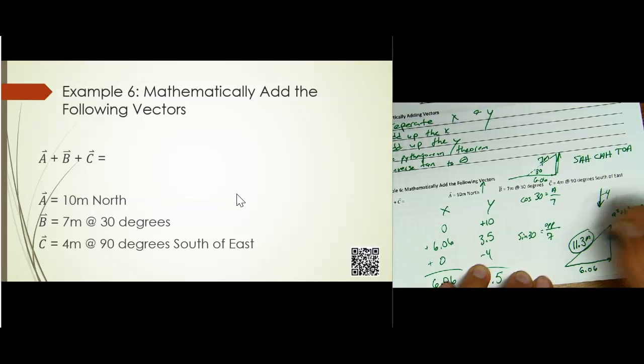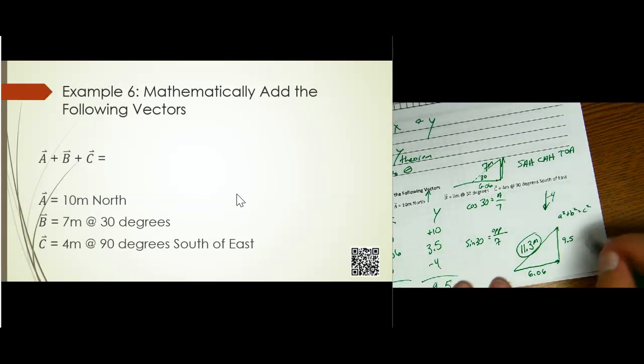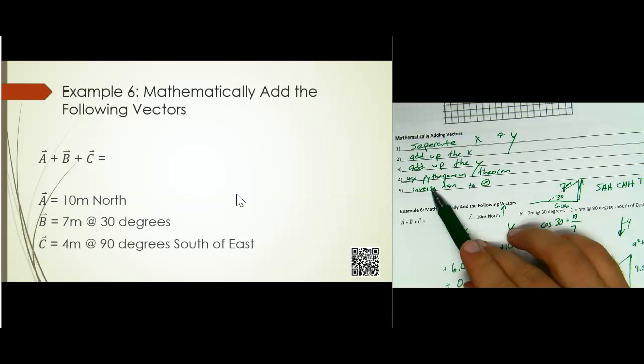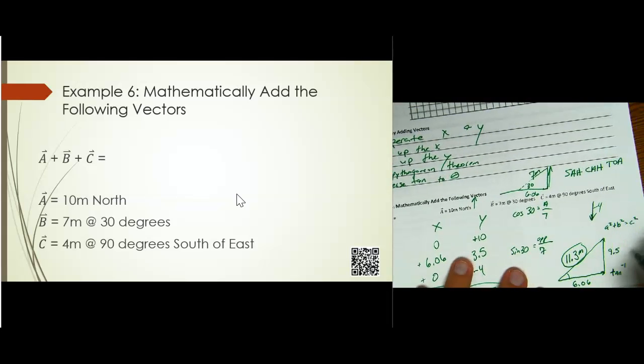Now, what's my angle going to be? Okay, to find my angle, I'm going to take the inverse tangent, right? That's step 5. Step 5, take the inverse tangent. So the tangent, the inverse, okay, of the opposite. So the opposite, if I'm trying to find theta, the opposite is 9.5 over 6.06.